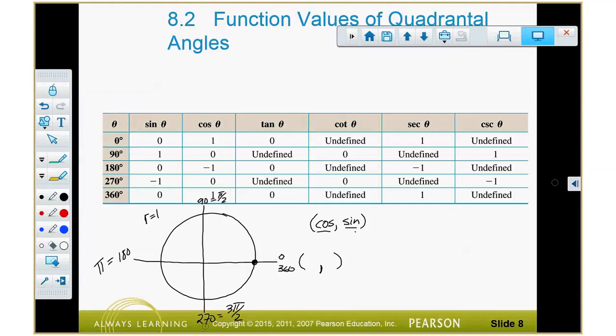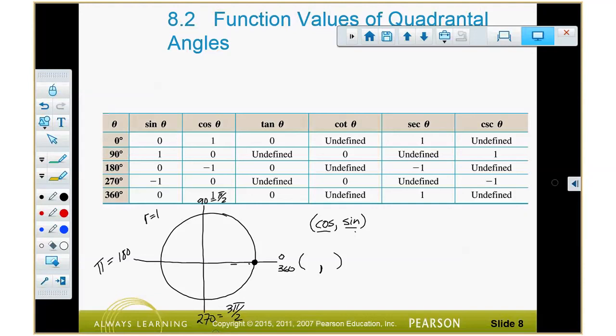What can you say about this point right here as far as x and y? It's on the x-axis, so that means it has a unit of 1 on the x-axis, right? So if it has 1 unit on the x-axis and it doesn't move in the y-axis, what is the unit for y? 0.